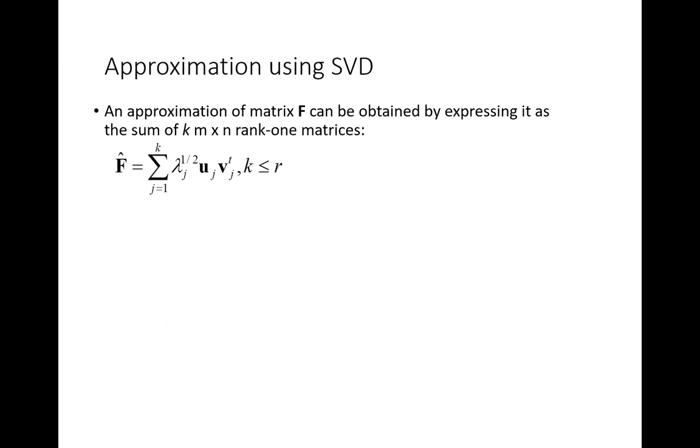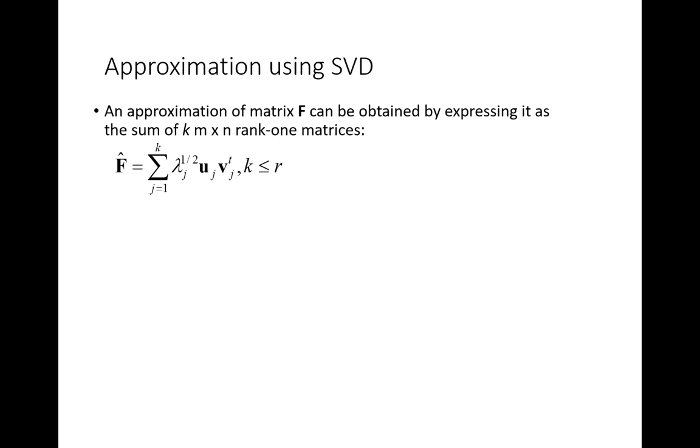So let's look at an approximation. This is how you will be doing it. You calculate an approximated matrix F hat using this formula, where you keep only the k singular values and the corresponding m by n rank 1 matrices. You throw away everything else.